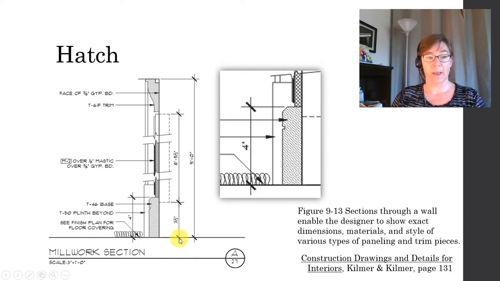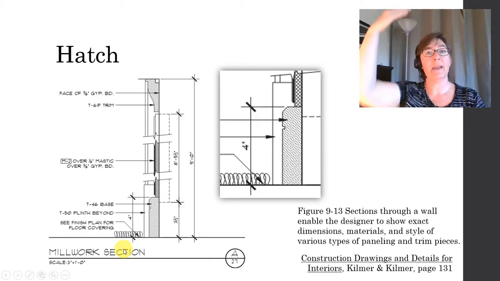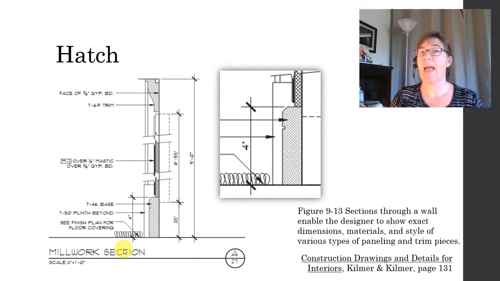So in this millwork section right here, we're cutting through the paneling that's been applied to a wall. And so they're using two different hatch patterns to indicate these two different materials right here. And then the annotation tells you exactly what those are. All right, I've kind of done a blown up view of it so you can see it here.